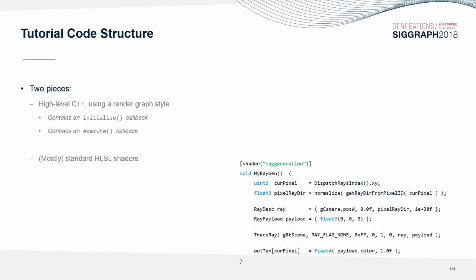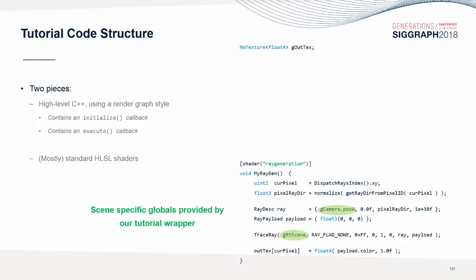So this is the same HLSL shader I showed you before, although I've simplified and reorganized it a little bit. Again, the name here I specified in my C++ code for the launch. My output texture is this texture that I also specified in my C++ code.